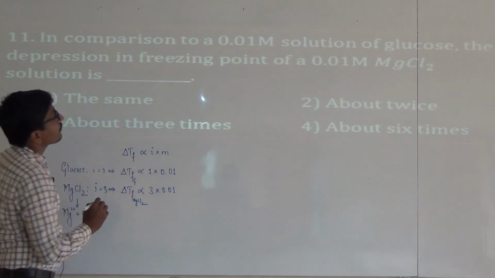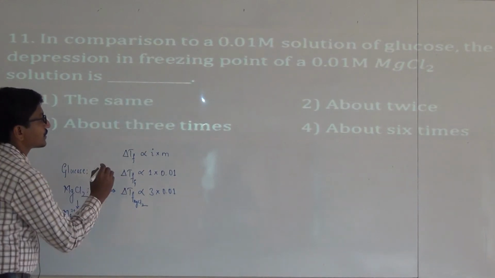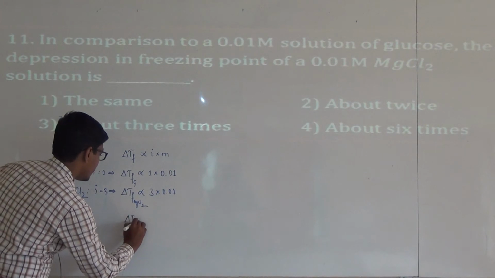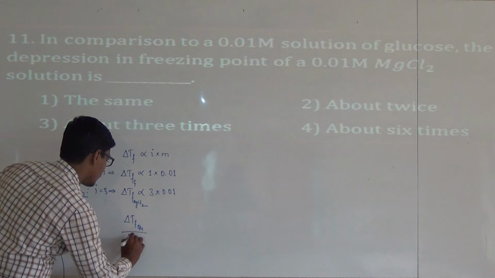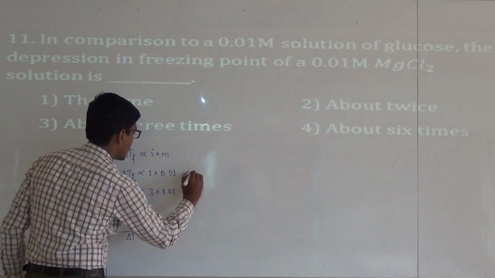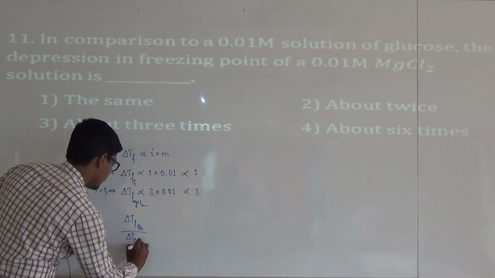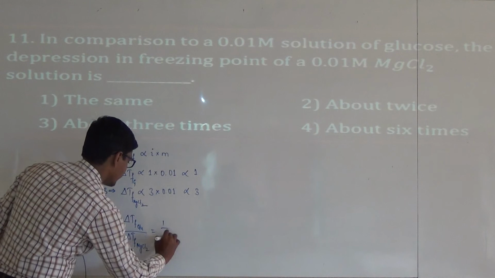And the depression in freezing point: delta Tf glucose divided by delta Tf MgCl2 is equal to 1 by 3.